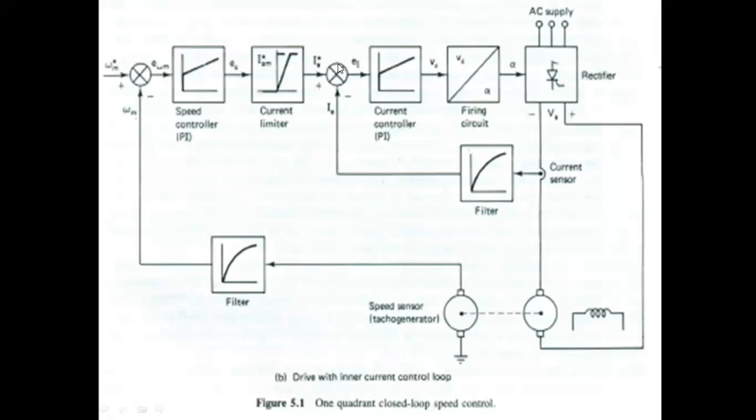PI controller, which enables us to achieve the three objectives I have just mentioned. The output of the current controller, VC, adjusts the converter firing angle so that the actual speed is brought to the value set by the speed command omega m dash.